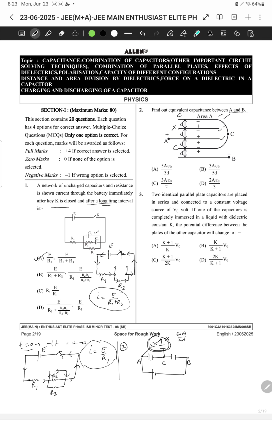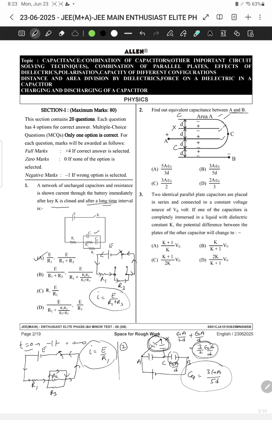Then it is in parallel with this one, epsilon naught A by D, which makes it 3 by 2 epsilon naught A by D. Then it is in series with one more capacitor, epsilon naught A by D. So what is the C equivalent? If you solve it, you will get 3 epsilon naught A by 5D.